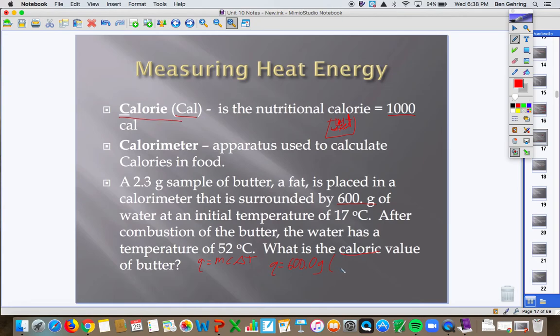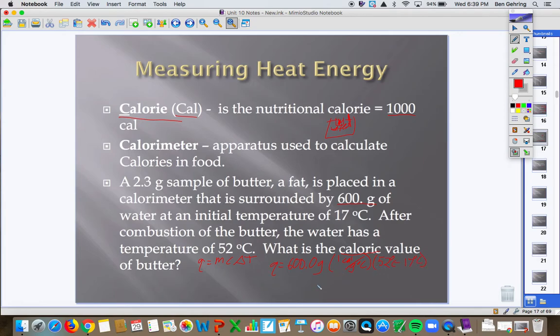But I know that my little c calories is 1 calorie per gram degree Celsius. I know my temperature change went from 17 to 52 degrees Celsius.